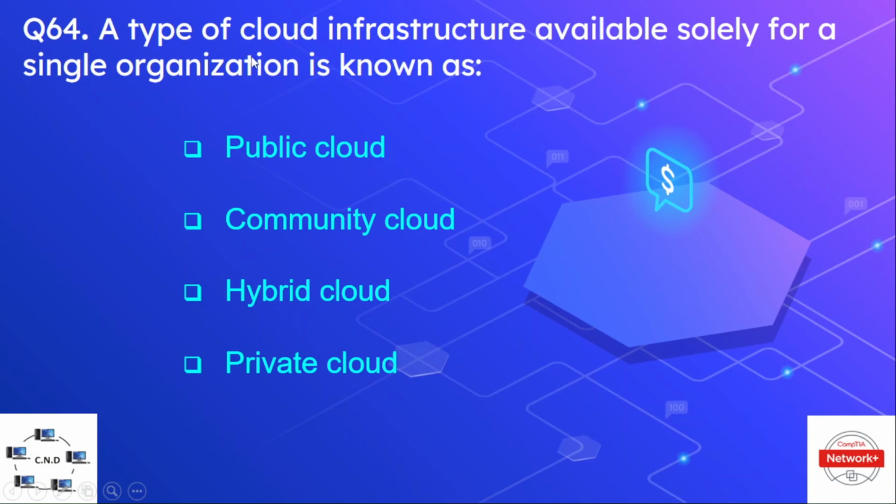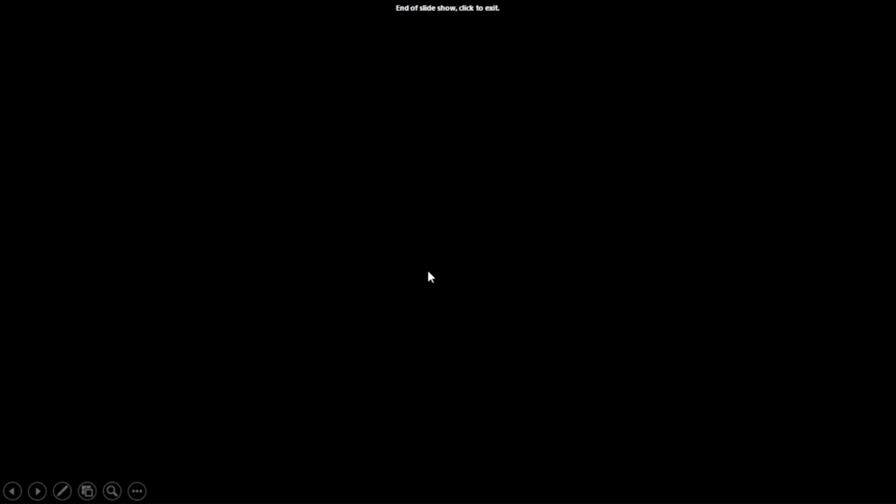Question number 64 is that a type of cloud infrastructure available solely for a single organization is known as, again the options are public cloud, community cloud, hybrid cloud and private cloud. So since we are talking about a single organization, the correct option is private cloud.